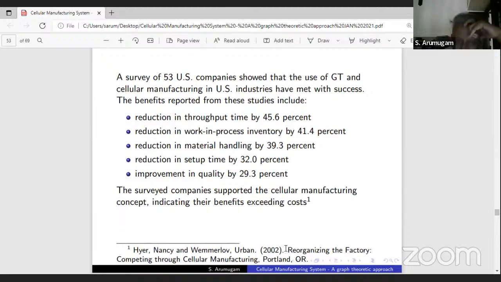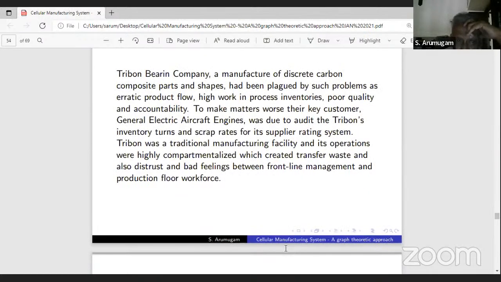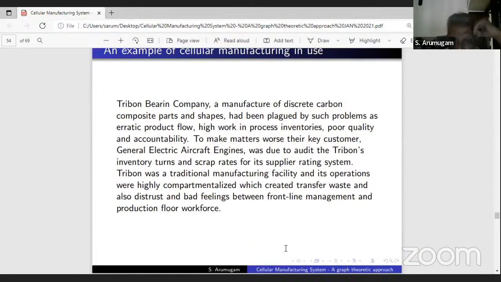Okay, one more interesting example. There was a company called Triban Bearing Company, which manufactures carbon composite parts and shapes. Using carbon, they produce different parts and shapes. They had a lot of problems.